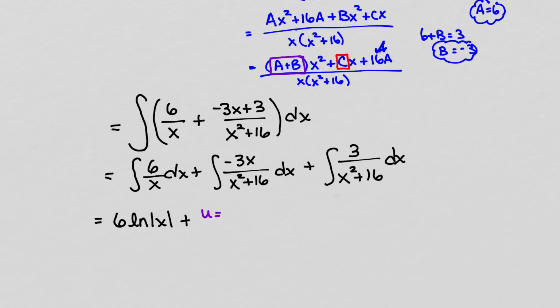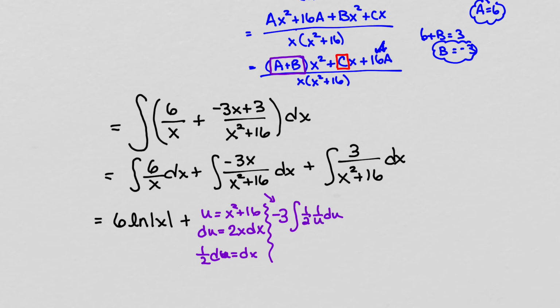Let u be x squared plus 16, du equals 2x dx. So that's going to be 1/2 du equals x dx. And so this is going to become the integral of negative 3 times 1/2 1 over u du, or negative 3/2 1 over u du, or negative 3/2 times the natural log of u.